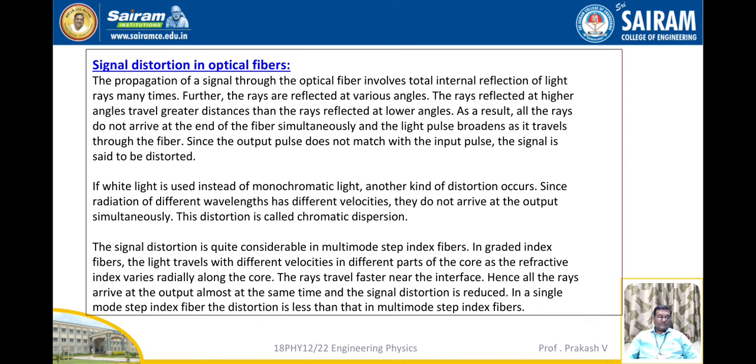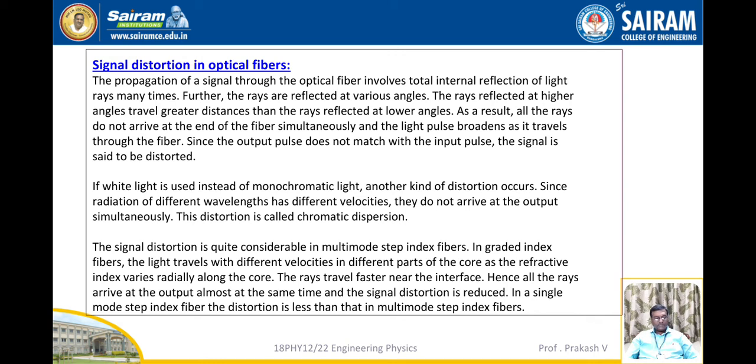If white light is used instead of monochromatic light, another kind of distortion occurs. Since radiation of different wavelengths has different velocities, they do not arrive at the output simultaneously. This distortion is called chromatic dispersion. The signal distortion is quite considerable in multimode step index fibers.